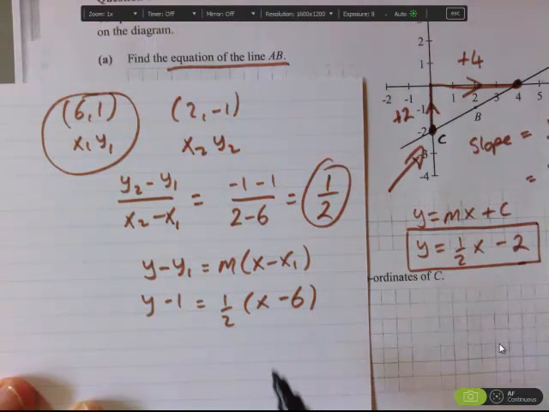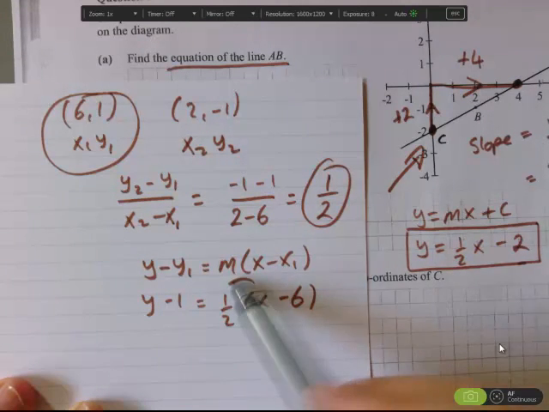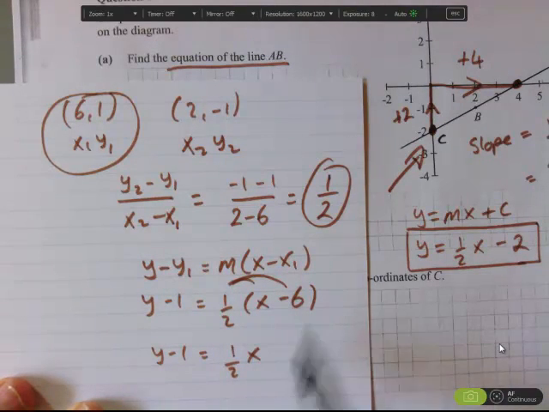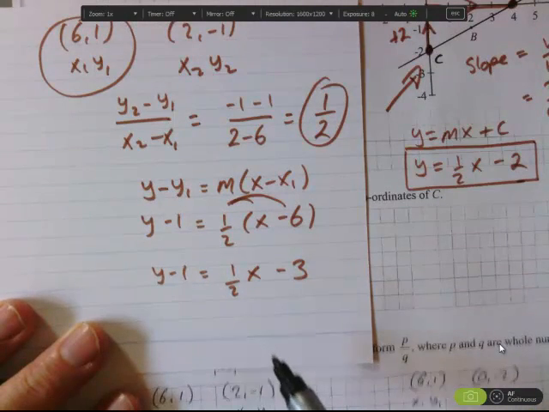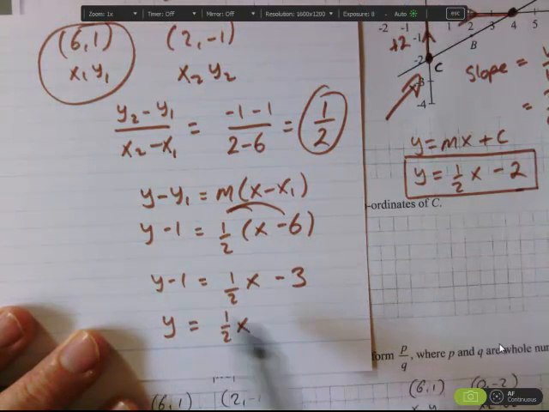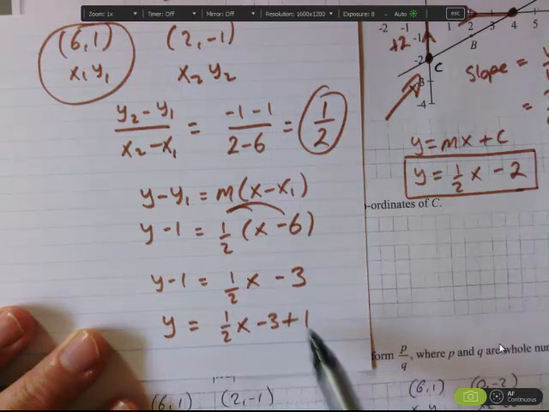You can tidy that up any which way you want. I'm going to multiply the half in here and here. So I'll have y minus 1 is equal to a half x, and a half by minus 6 is minus 3. And then just to finish it off, y is equal to a half x minus 3 plus 1.